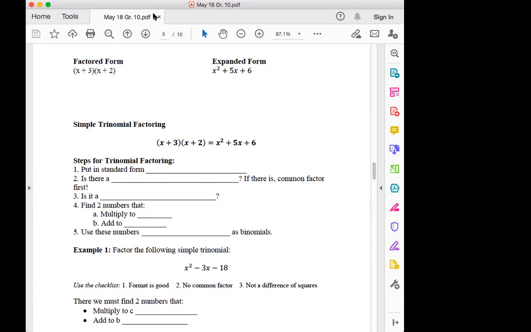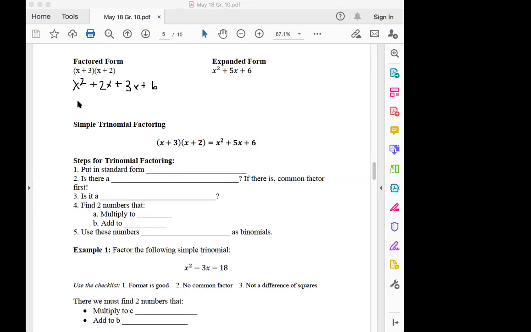So if we look at these two, we're going to look at the first one and we're going to expand it. So it's in the factored form at the moment, but we're going to expand it just to see what is happening exactly. So we've got x times x, and x times 2, which is plus 2x, 3 times x, which is 3x, and then 3 times 2, which is 6.